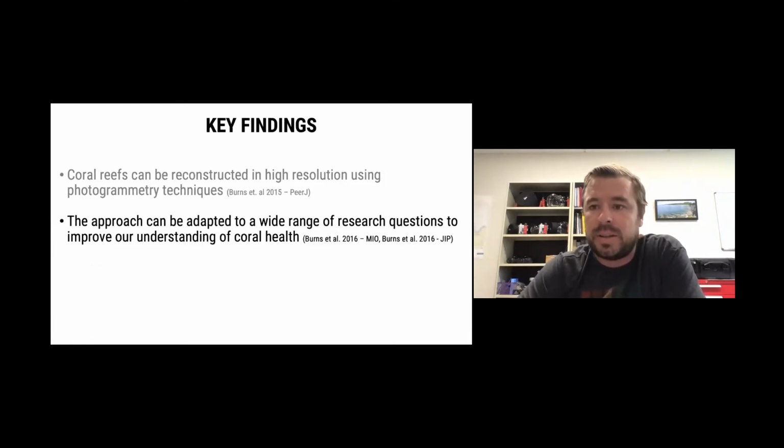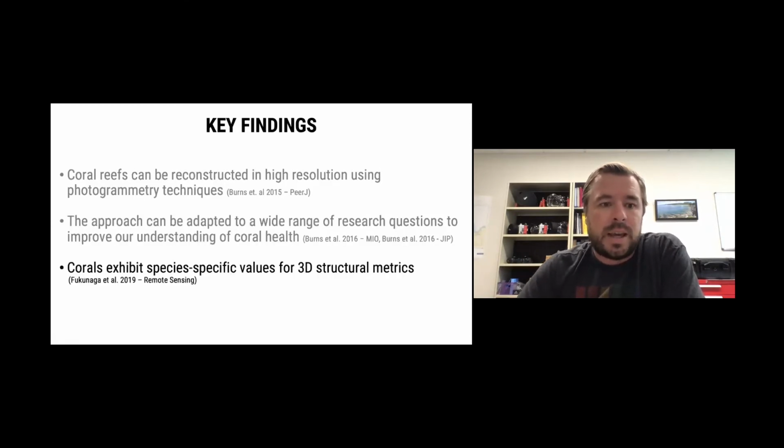So we've used it to look at impacts to habitats after bleaching events, after mortality associated with coral disease, and a range of other studies, and it's actually just being utilized more and more now globally in labs around the world studying coral reefs.